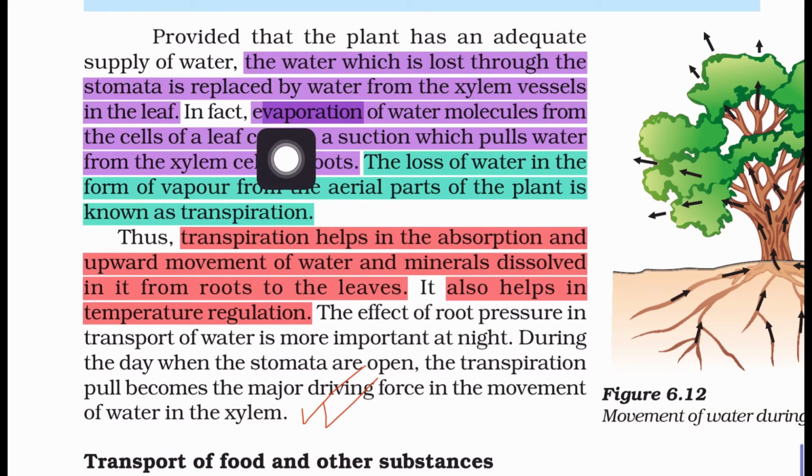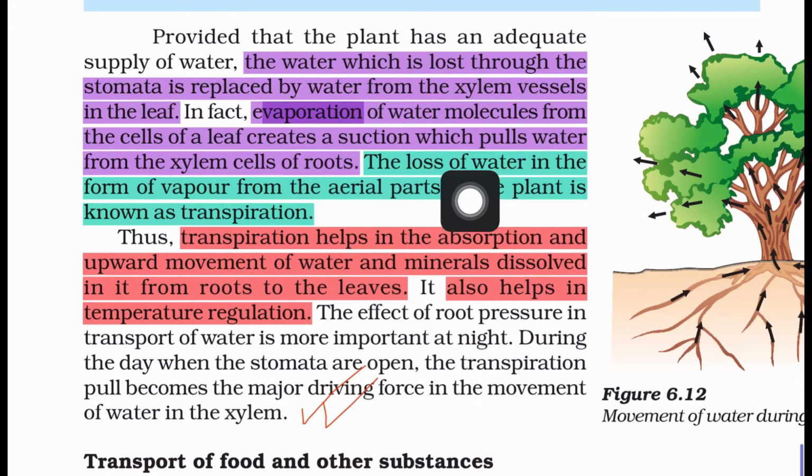In fact, evaporation of water molecules from the cells of the leaf creates a suction which pulls water from the xylem cells of the root. So due to this evaporation or transpiration, there is a creation of suction pull and it will take up the water from the roots.